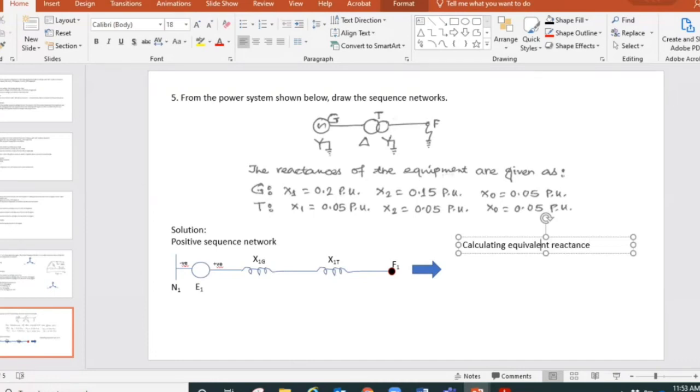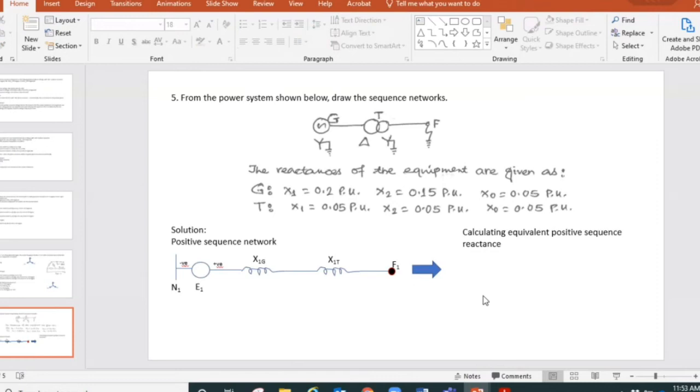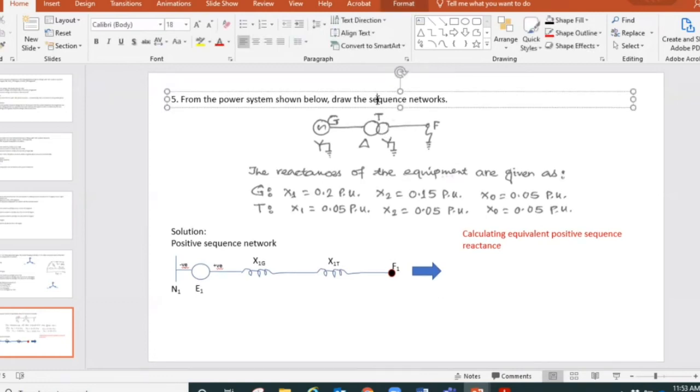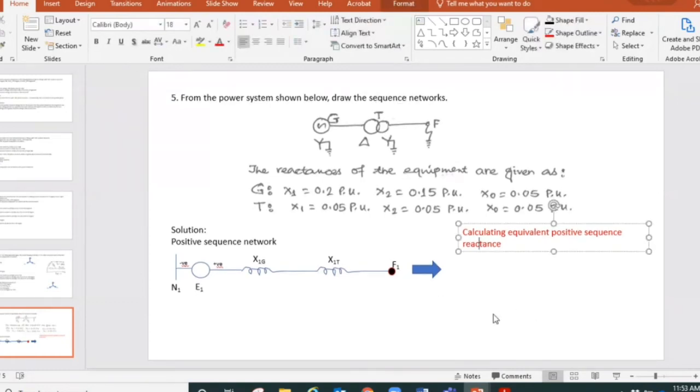But again, this is positive sequence reactance. It doesn't have only one component. It has a generator, it has a transformer, it doesn't have any reactance from the transmission line, but we will have to go to this step before we can proceed to fault calculation. Although this is not asked in this tutorial, I'm extending this. So calculating the equivalent reactance.